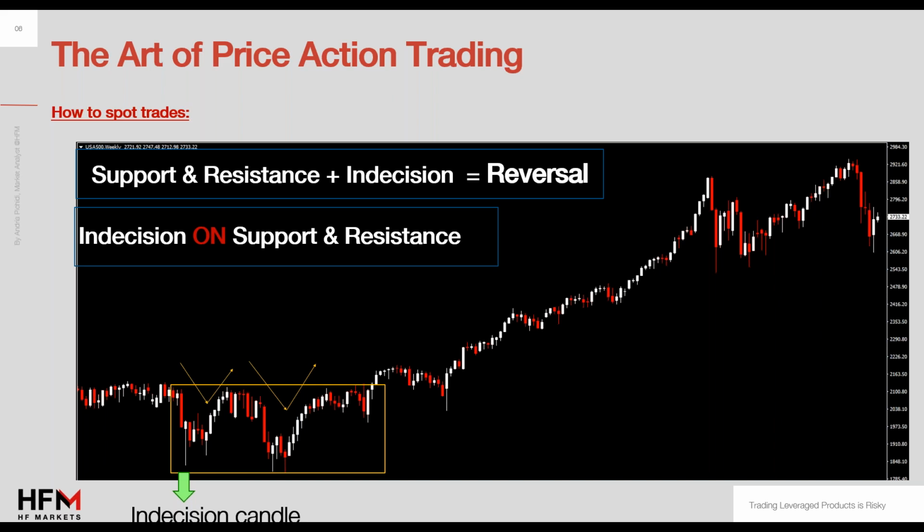And here I put an example of how to spot trades. Basically, first of all, I mentioned before the swing low and swing high.